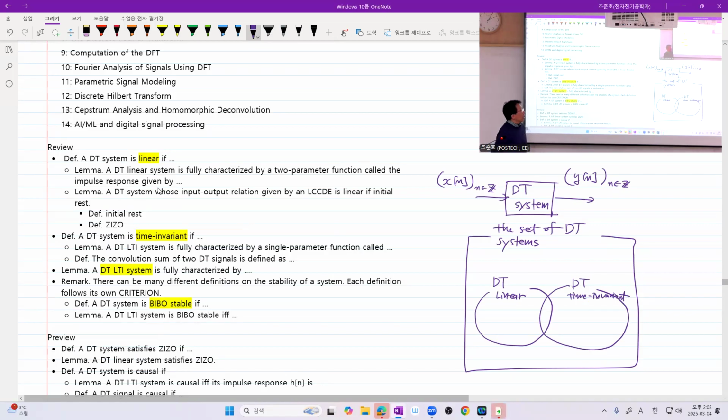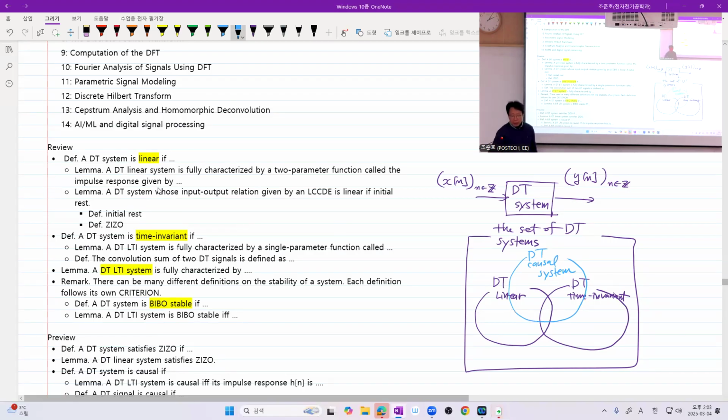Of course, these are very representative subsets of the entire DT systems superset, but we can also define, for example, DT causal systems. And if you are doing digital signal processing to control some environment, then you may want to introduce DT stable systems.